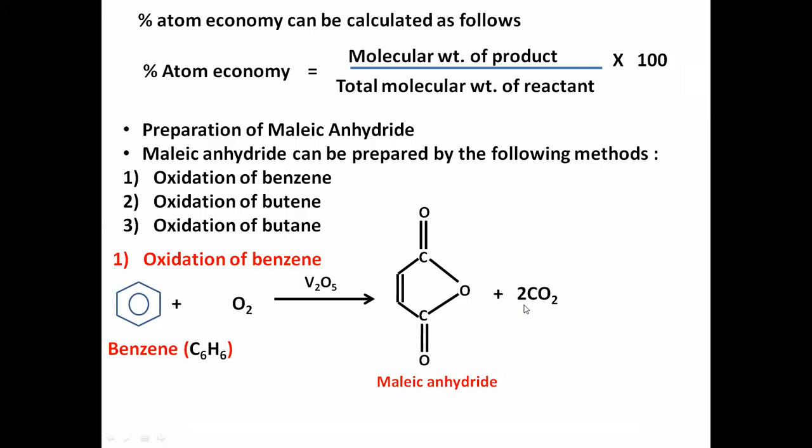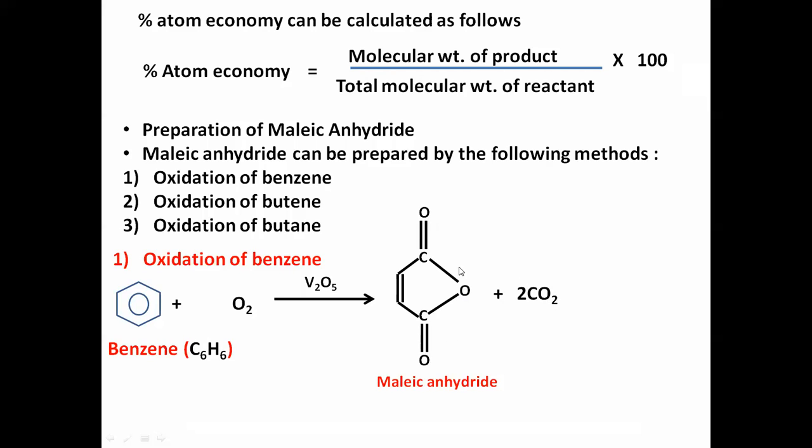Now you just count oxygen. How many oxygens are there at the product side? Here we have 1, 2, 3. 3 oxygen atoms in the desirable product, and 2 into 2, 4 atoms in CO2. So 4 oxygen atoms went into the byproduct and 3 oxygen atoms in the main product.